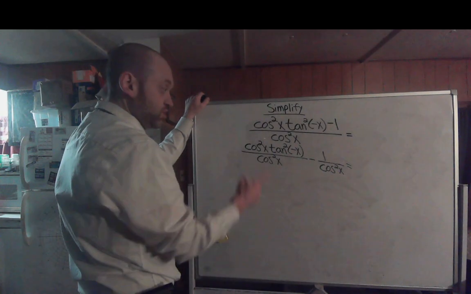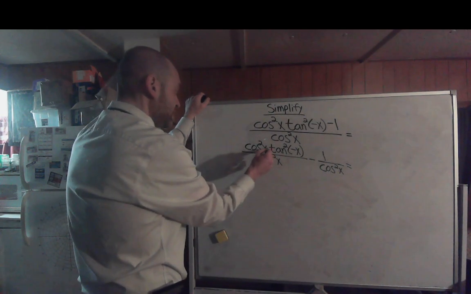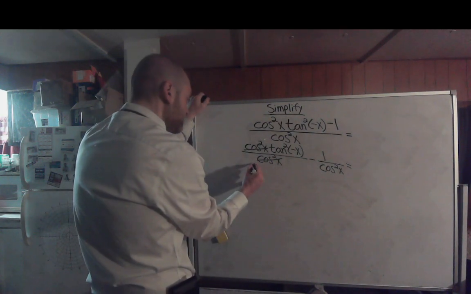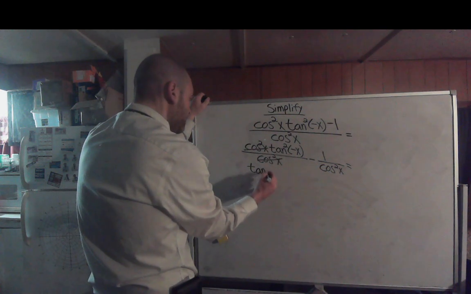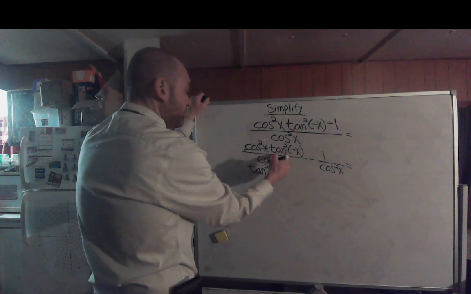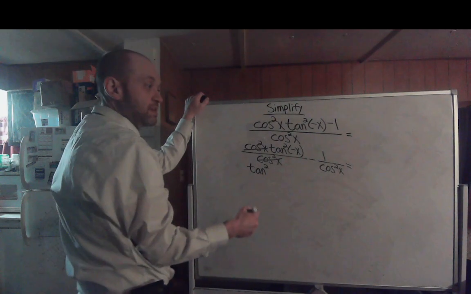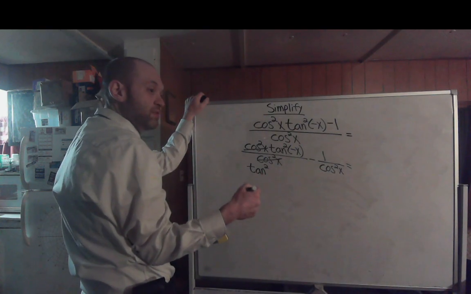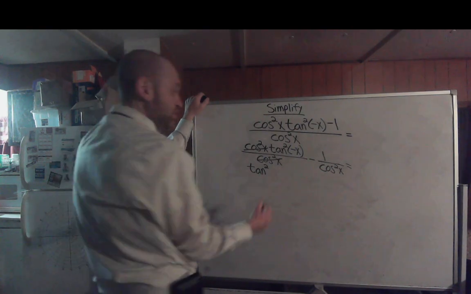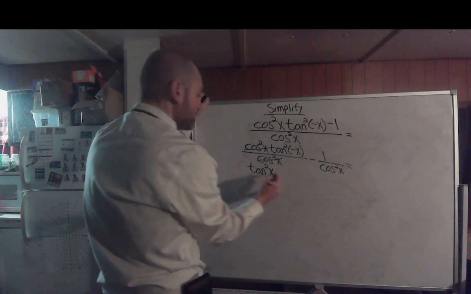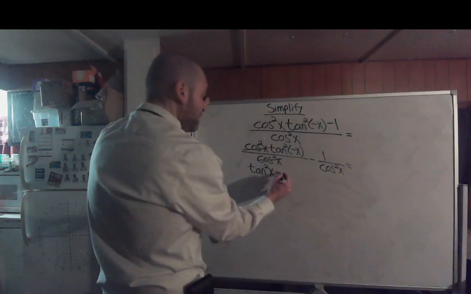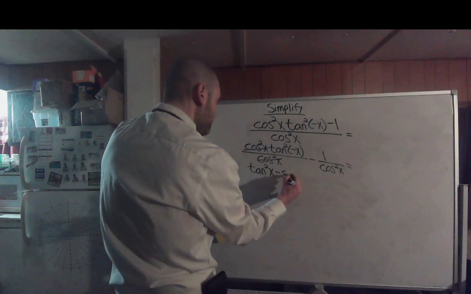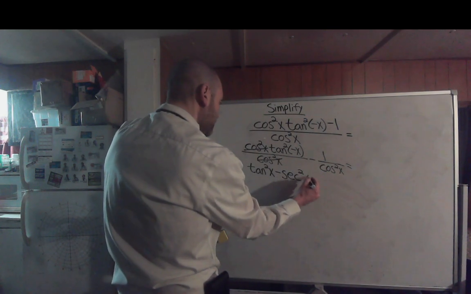Notice with your first term, your cosine squareds will cancel out, and now you're simply left with the tangent squared of negative x. What's tangent of negative x? That'd be negative tangent of x, but if you square the negative tangent of x, you get positive tangent squared of x, minus, now what's 1 over cosine squared? That'd be tangent squared of x minus secant squared of x.